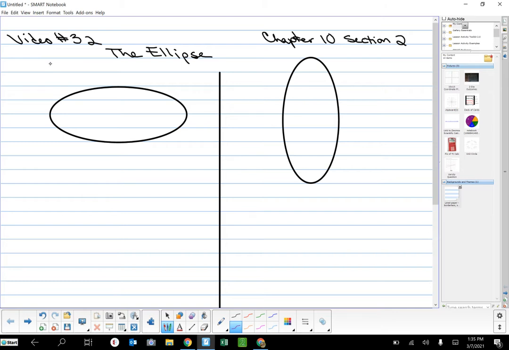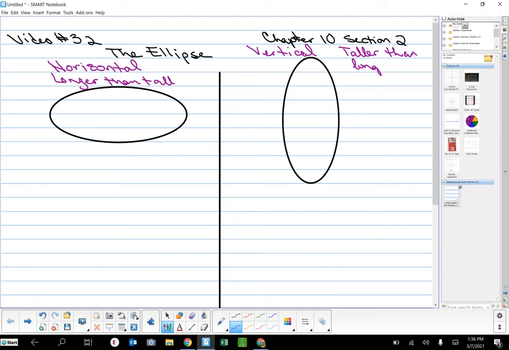This is a horizontal ellipse, where it is longer than it is tall. And this one is a vertical ellipse, where it is taller than it is wide, or taller than long, whichever way you want to put that.